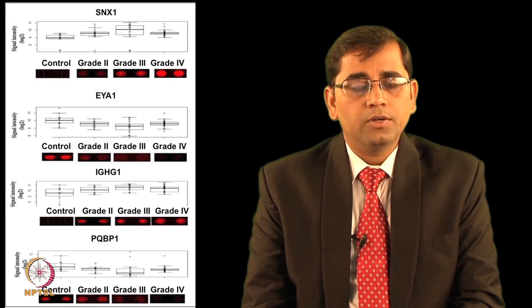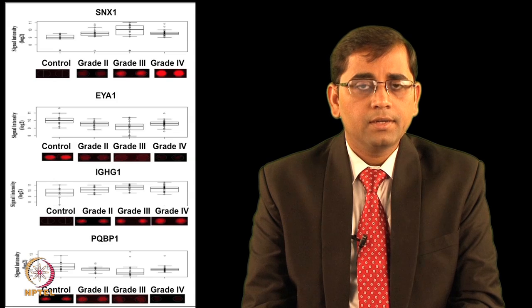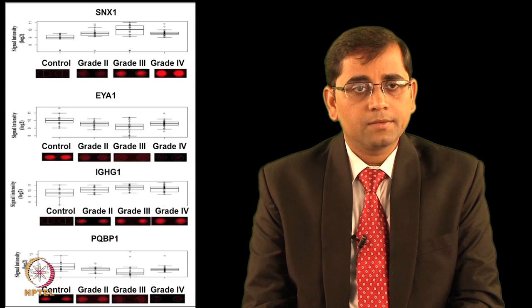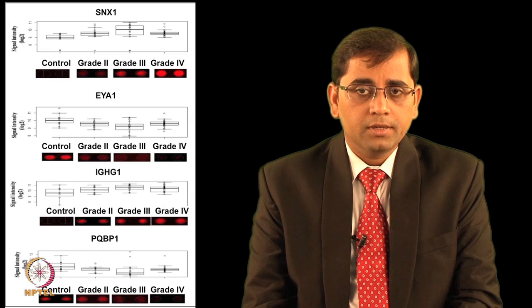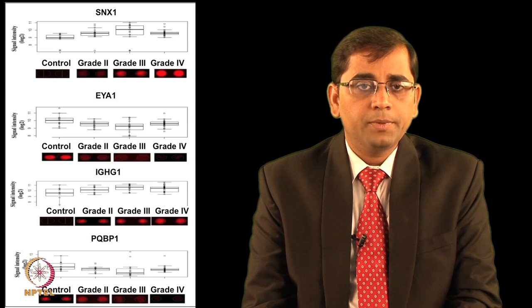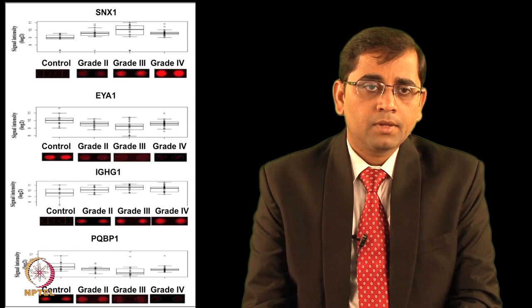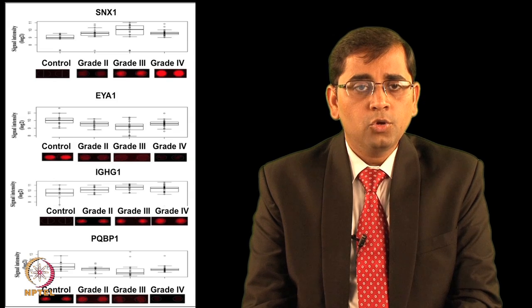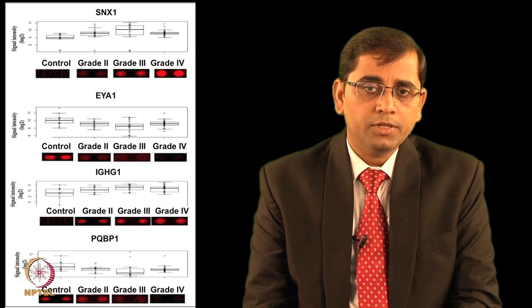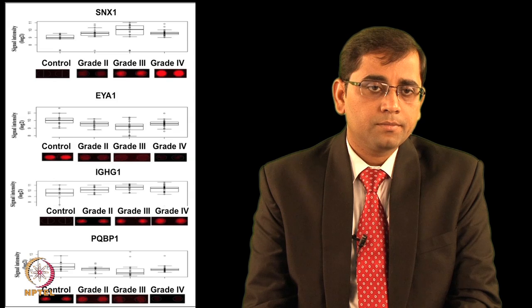The sorting nexin 1 or SNX1 is known to interact with EGFR and is highly relevant in gliomas. EYA1 protein has putative role in innate immunity, DNA damage repair, angiogenesis and cancer metastasis. IgG1 or immunoglobulin heavy constant gamma 1 protein may play a role in immune system evasion mechanisms.